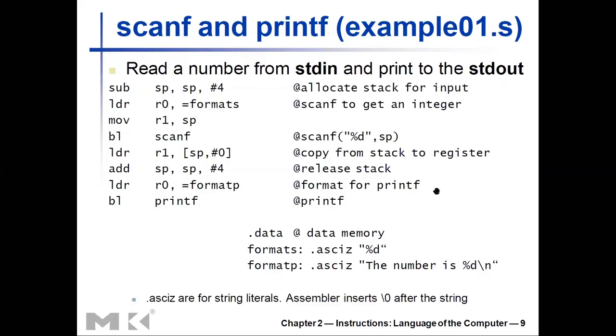Yeah, that you cannot do, because the way you give arguments to the scanf function has to be in the same order as you give the arguments to the scanf function in C. Inside the scanf function, it's again a function, so it reads the values passed on to it as arguments starting from R0.